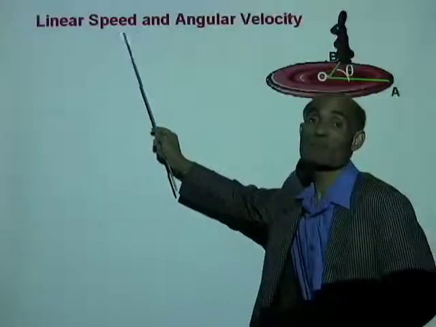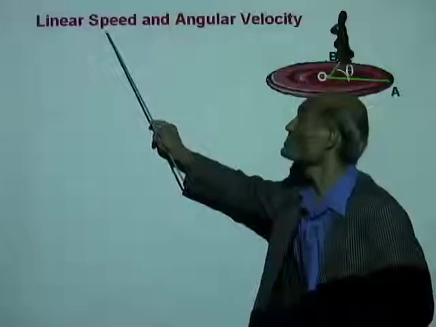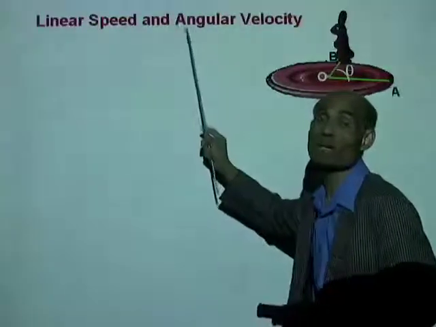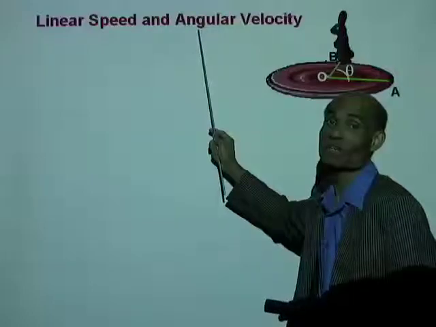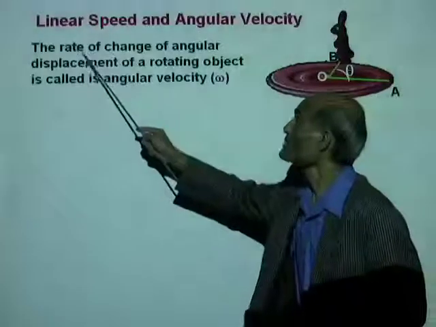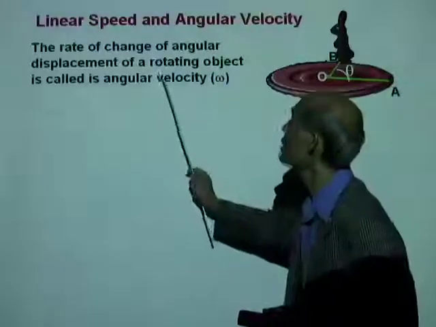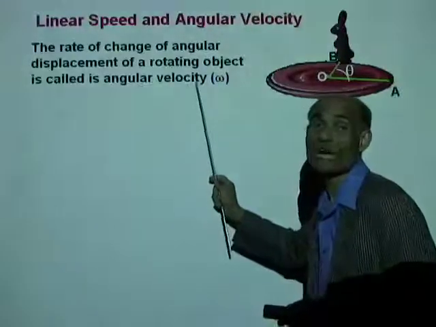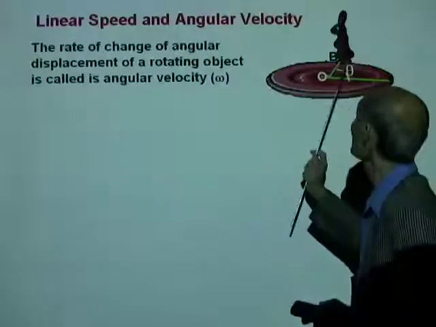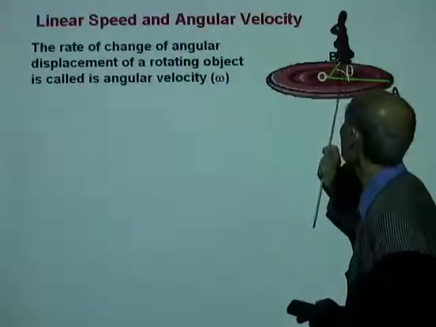We have done this in circular motion, a relation between linear speed and angular velocity. The rate of change of angular displacement of the rotating object is called the angular velocity. So what is the angular velocity of the bunny?